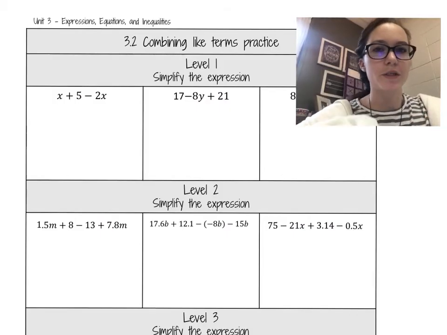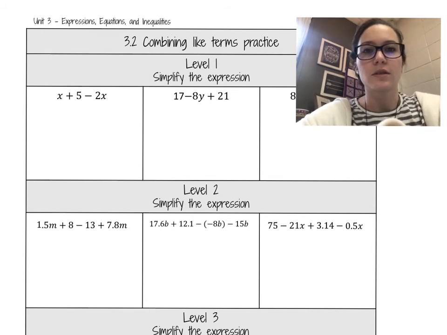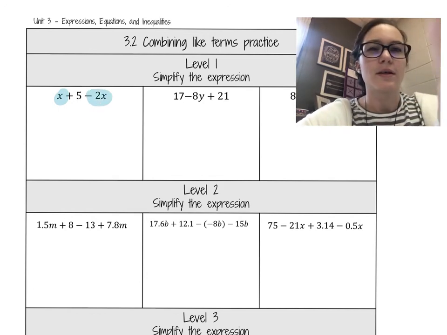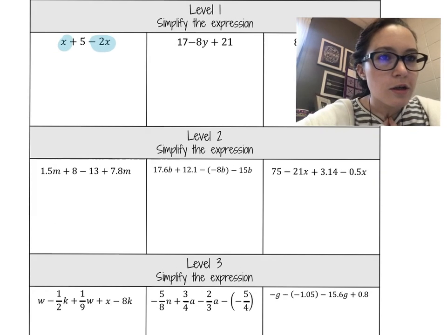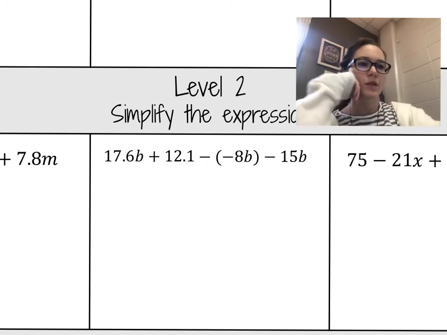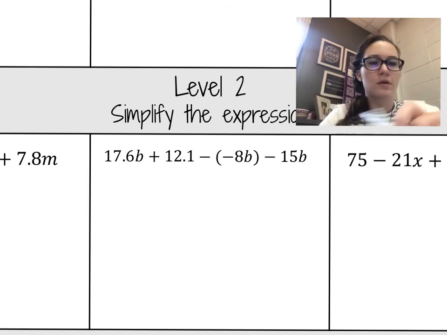So for your 3.2 practice, you are just going to combine like terms. So first identify the like terms. And then you're going to add or subtract their coefficients. I'll do this one on level 2 with you real quick, just because it's got a couple negatives. Maybe it's been a minute since we've dealt with those.